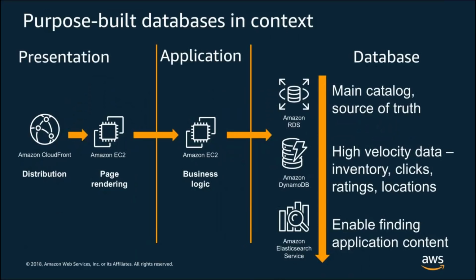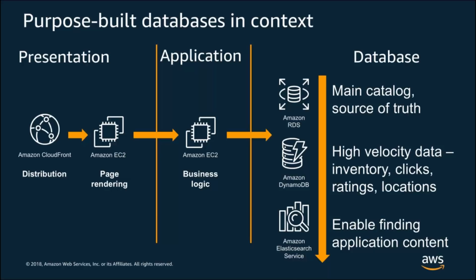So having talked a little bit about Dynamo and Elasticsearch service, let's look in context at how we would expect to use them. If we have a strawman architecture here, we have some application that has a distribution layer and perhaps a rendering layer that sends data out from EC2, sorry, to CloudFront.